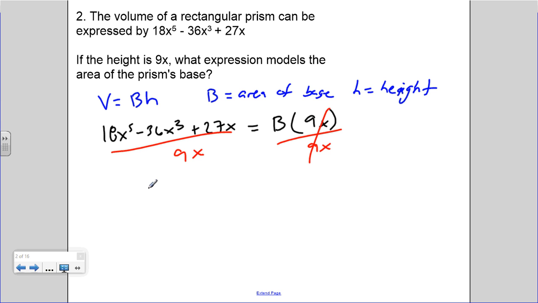What I recommend doing is separating every term. So 18x to the fifth divided by 9x minus 36x cubed divided by 9x plus 27x divided by 9x. And again, this is going to equal B.